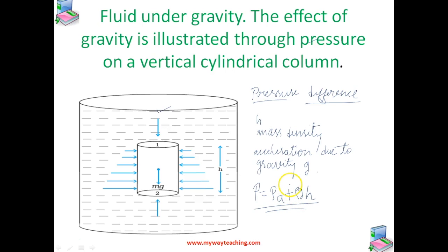Thus, the pressure P at a depth below the surface of a liquid open to the atmosphere is greater than the atmospheric pressure by an amount rho g h. The excess pressure, that is P minus Pa, is given by rho g h.